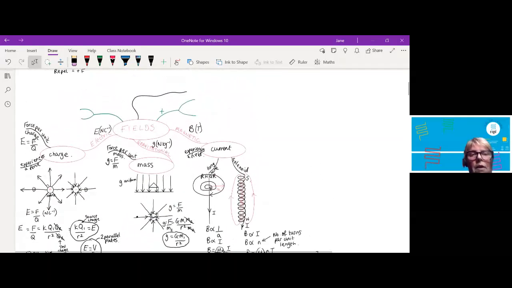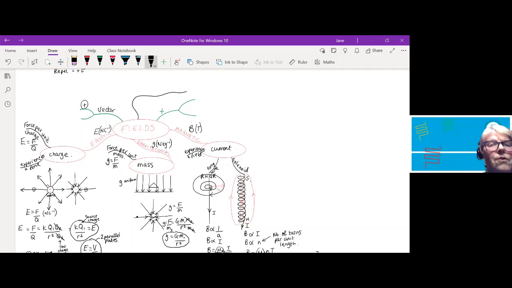Before we move on though, remember field is a vector quantity, so it's got positive or negative sign. The field is the area where something experiences a force.